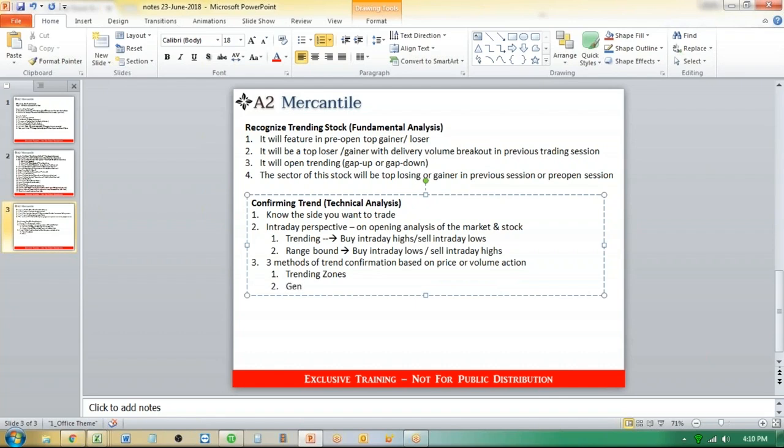Second one is general trending zones, and the third one is long or short candles.